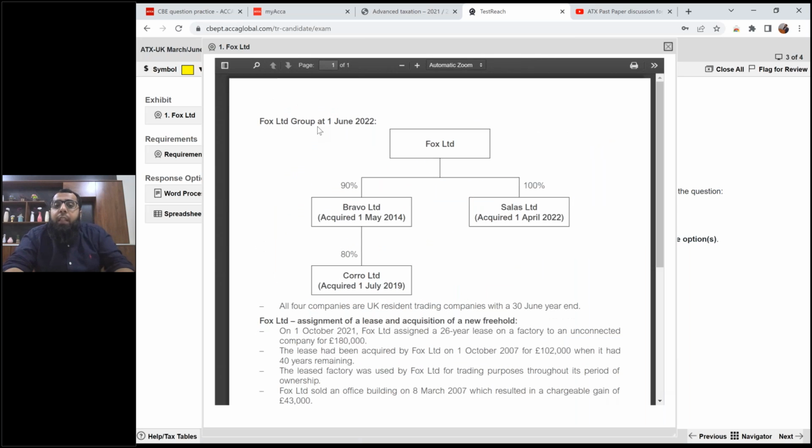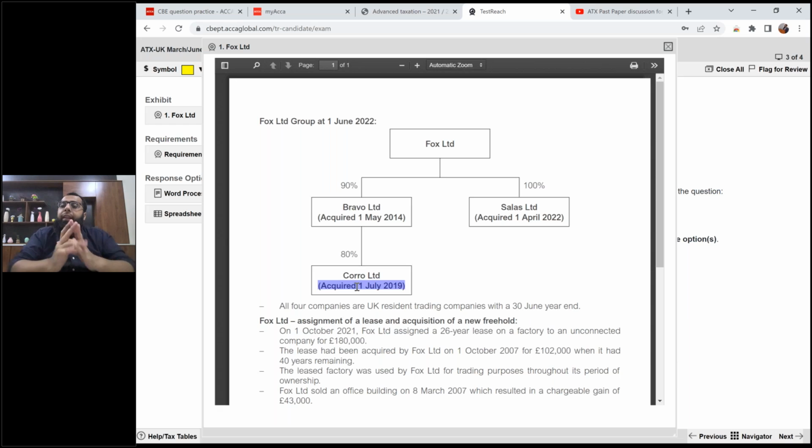Now, Fox Limited Group at 1st June 2022. Fox Limited owns 90% shares in Bravo Limited, acquired on 1st May 2014. 100% shares in Salis Limited, acquired on 1st April 2022. And then 80% shares in Coro Limited, acquired on 1st July 2019.